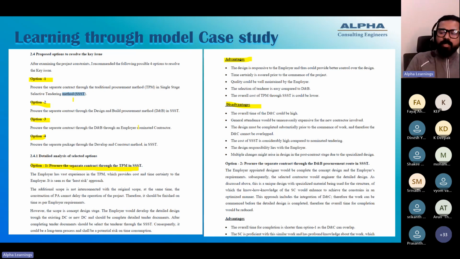Simply the problem or challenge you have faced and what you have resolved. Key issue 1, key issue 2, key issue 3: these are the key issues in this particular case study, and I have resolved them like this. So simple. You have to write an introduction of the project and about your role, but there should not be any option analysis like in this case study.